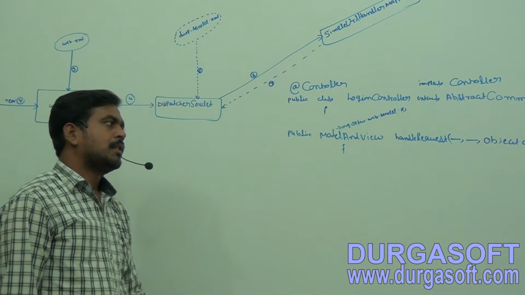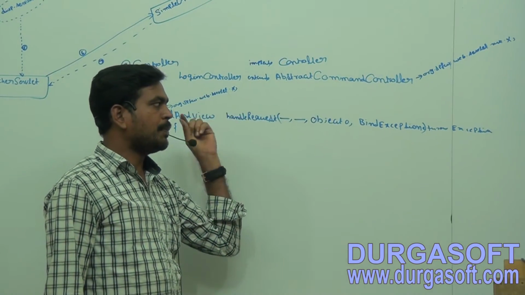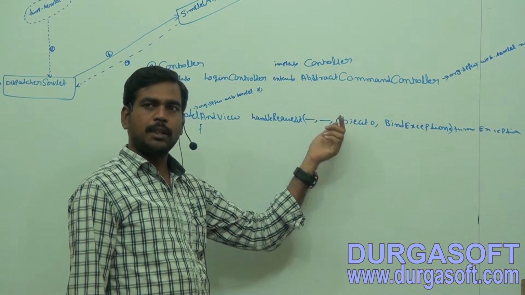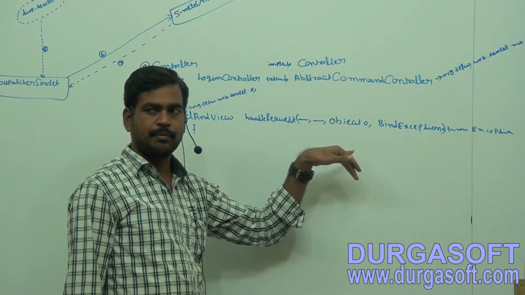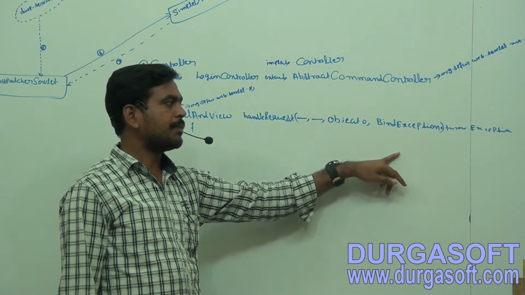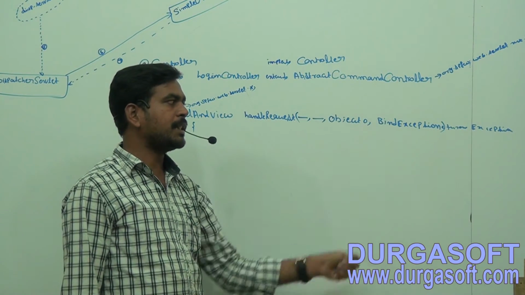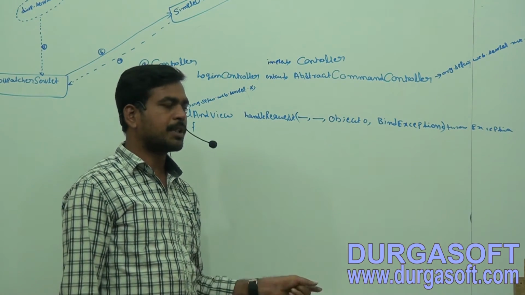Here, Object o: generally our input values are stored in the form of the superclass, that is, the Object class. BindException means duplicate URLs are not allowed by this exception class, BindException.